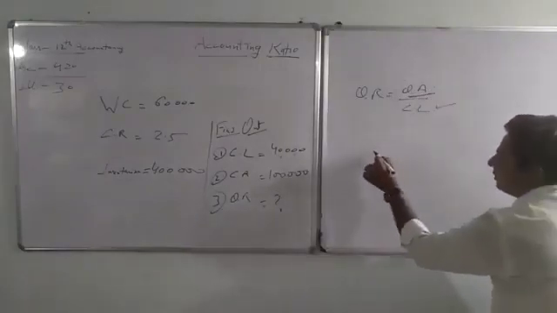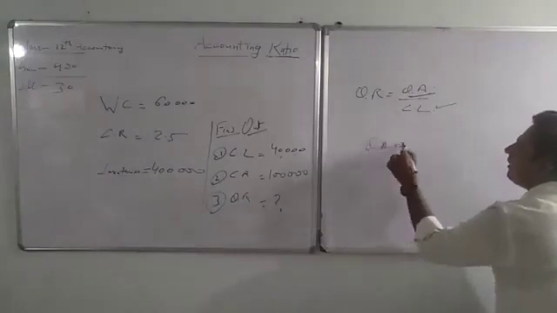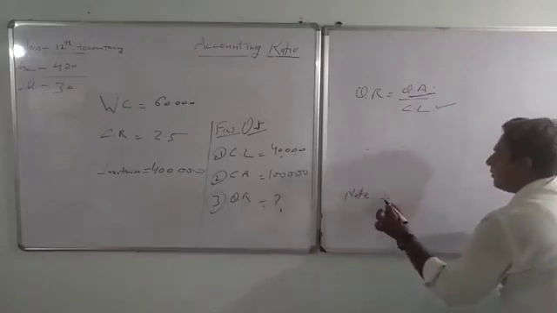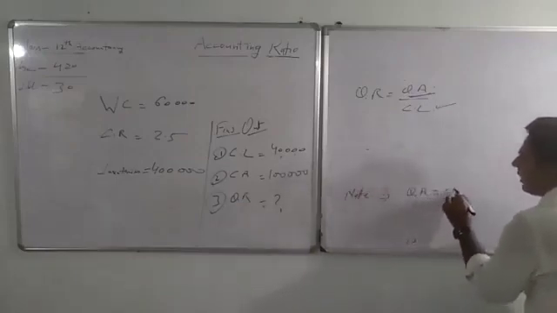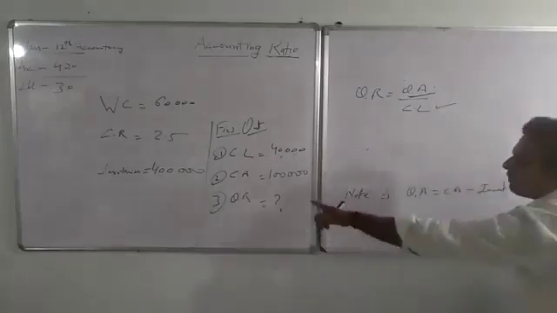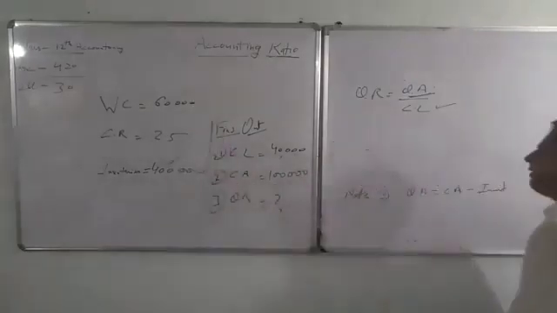As we know that, current asset working note, I am writing it here. Quick asset is equal to current asset minus inventory. How much inventory we have? 4 lakh rupees. See here, 4 lakh inventory.